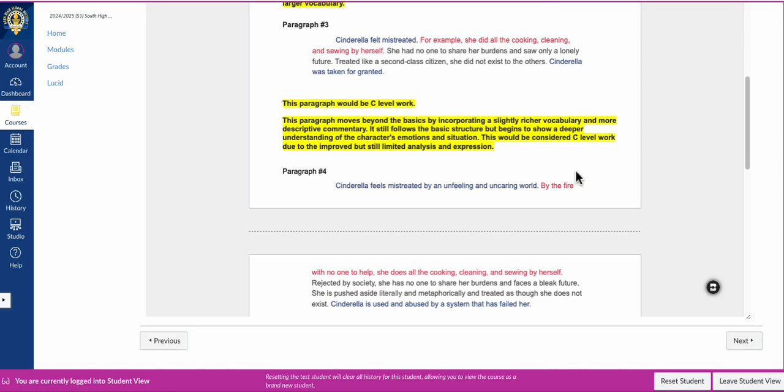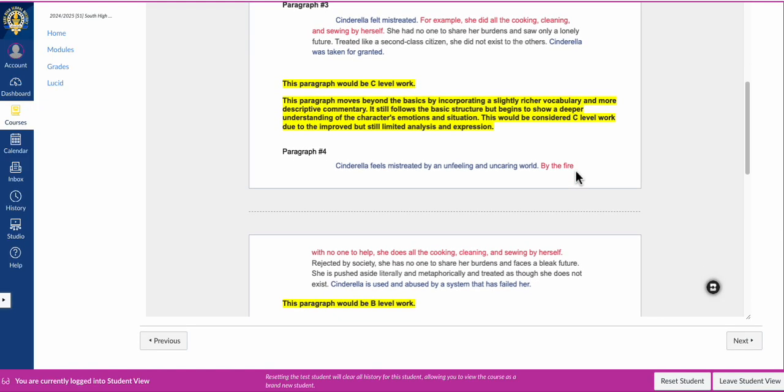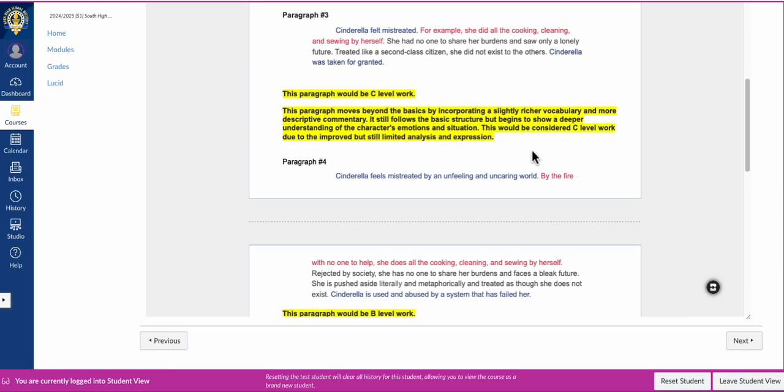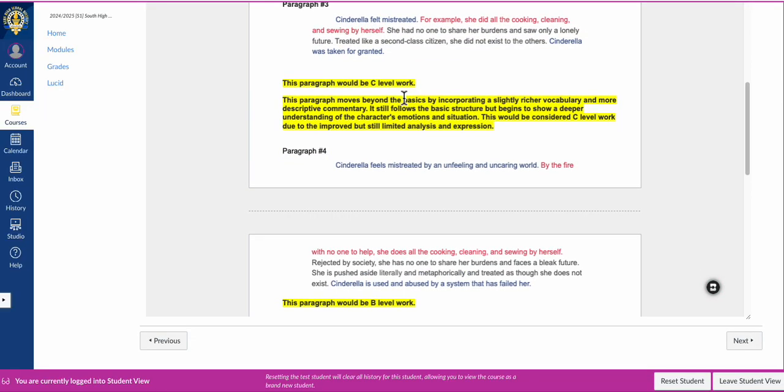Let's look at moving into our B-level work. Check out what they've done to the topic sentence. We've gone from Cinderella felt mistreated to Cinderella feels mistreated by an unfeeling and uncaring world. Now that's a good topic sentence. I'm interested. By the fire. Ooh, that's a good visual description. By the fire, with no one to help.